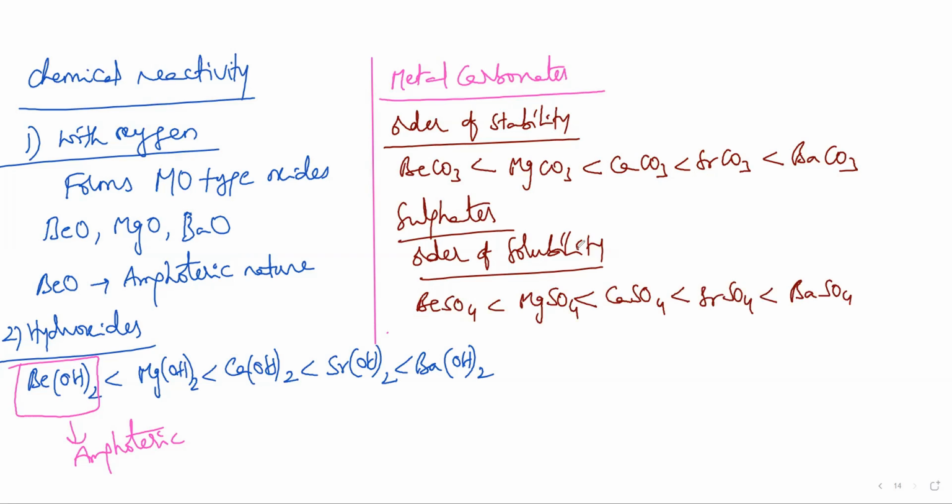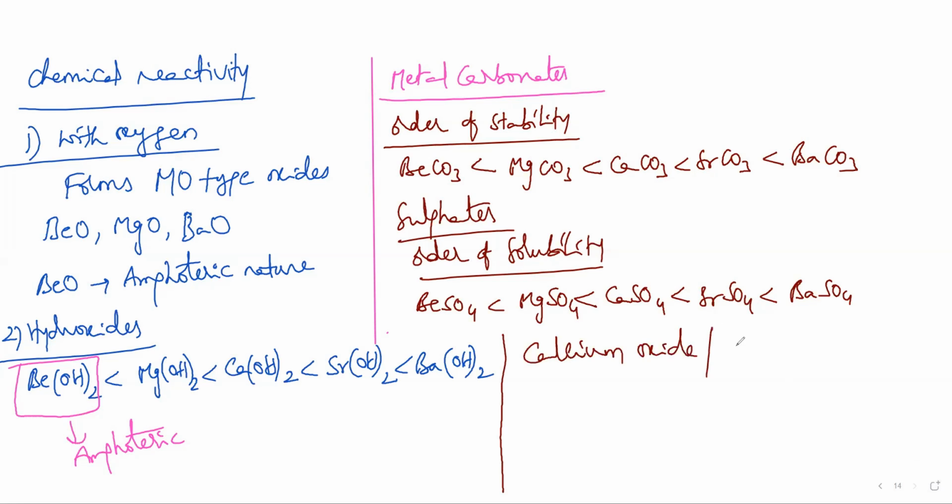Okay. Next, let us see compounds of alkaline earth metals. In that, some important compounds we'll discuss. First one, calcium oxide.